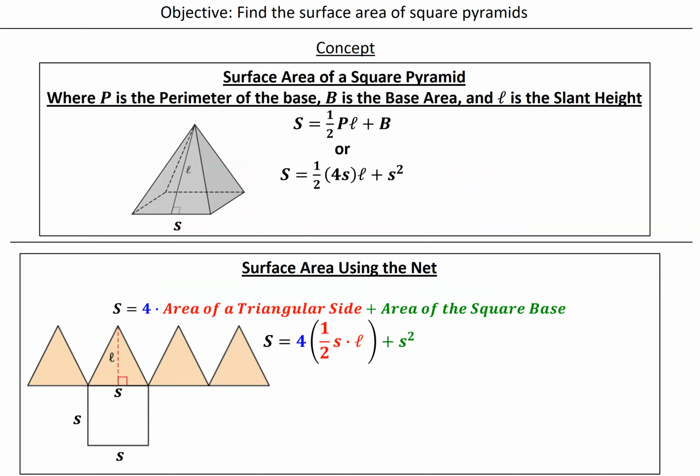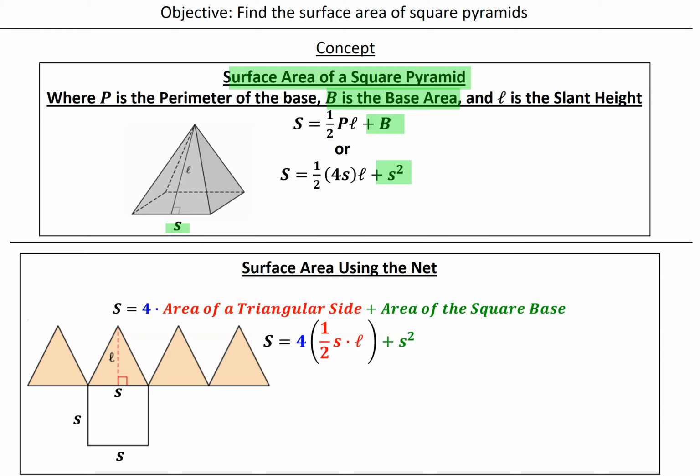So when we go to find surface area of a square pyramid, what will be true is that the square will be the base. So we have capital B as our base area, and that would be S squared, where S is a side measurement of the square that is the base.